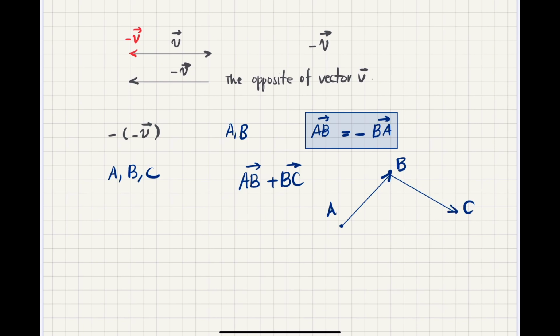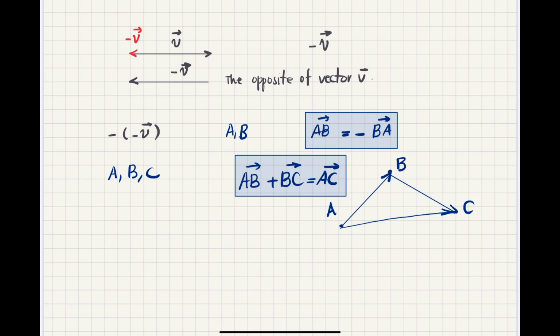If I ask you to add vector AB to vector BC, what is the answer according to the rule of combination that we just learned? Vector AC. I don't know why this works like that, so let me just do it by hand. So this is vector AC. The answer is vector AC, even if you don't have the picture in front of you.